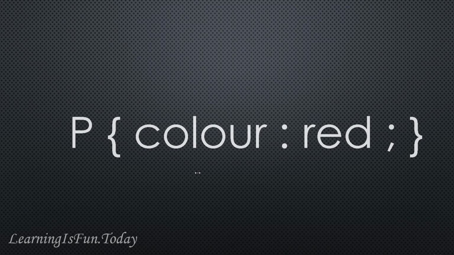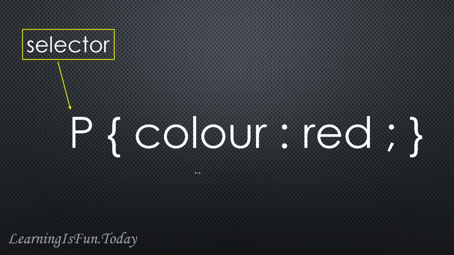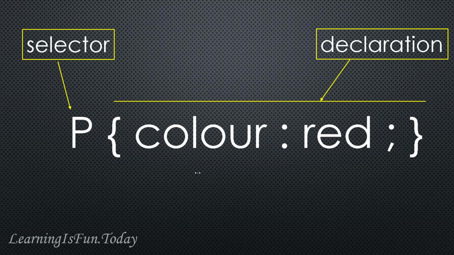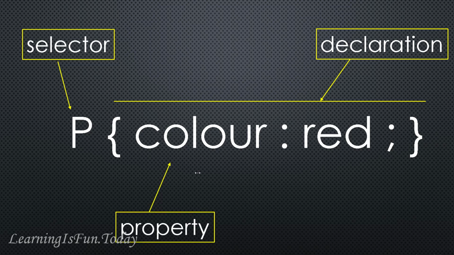So now looking at the anatomy of a CSS rule, the first one is a selector. It's like a paragraph or heading, whatever. And the next one is what's called the declaration. Within the curly brackets, you have the declaration of what you want the selector to do. The first one is the property, like the color, font size, things like that.